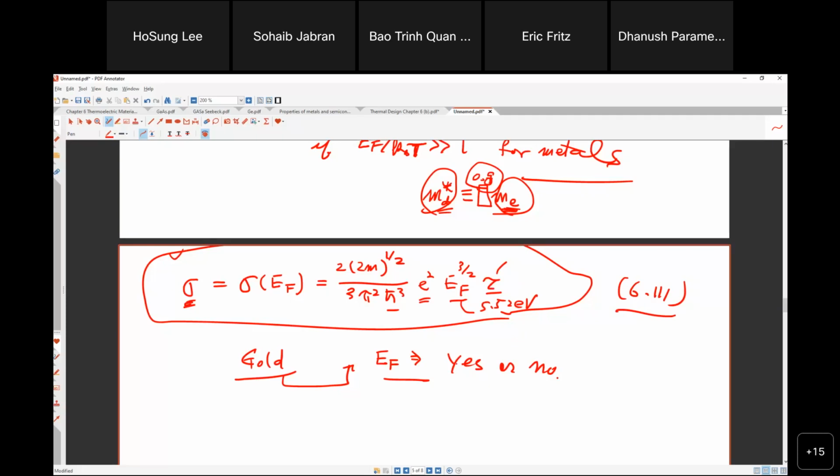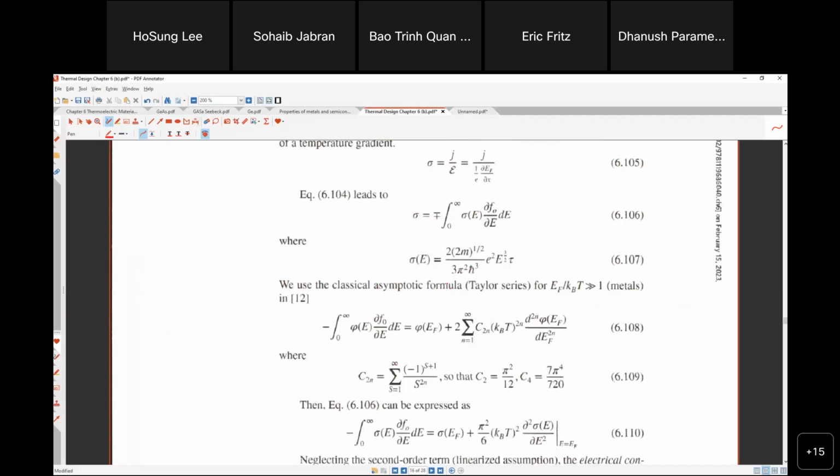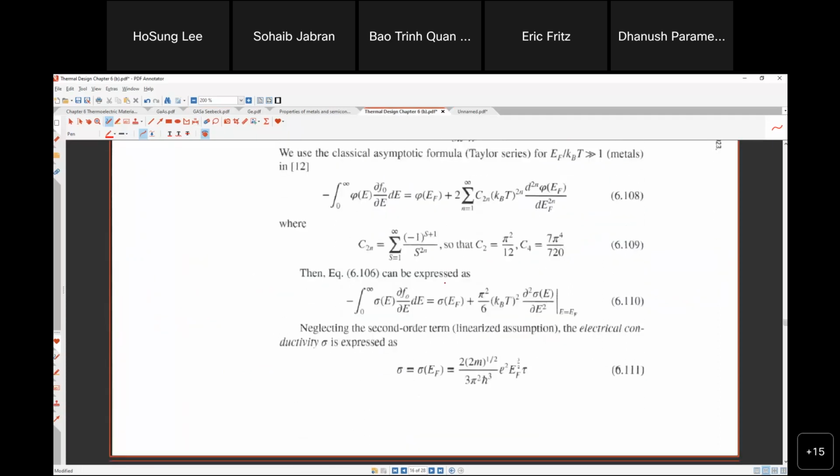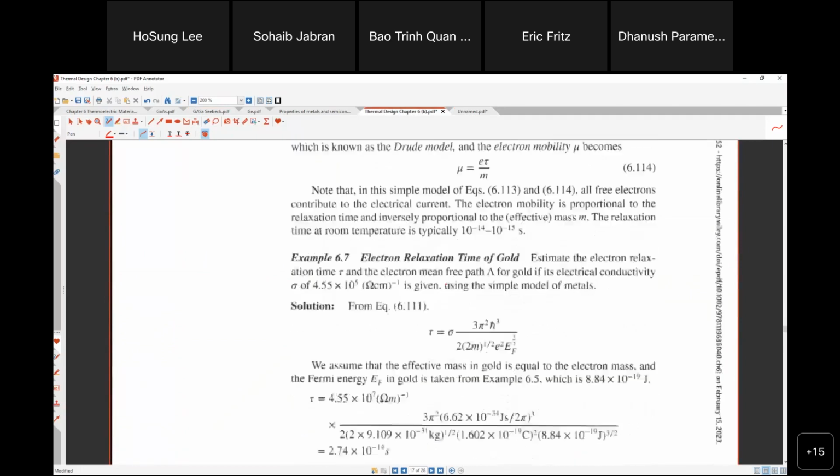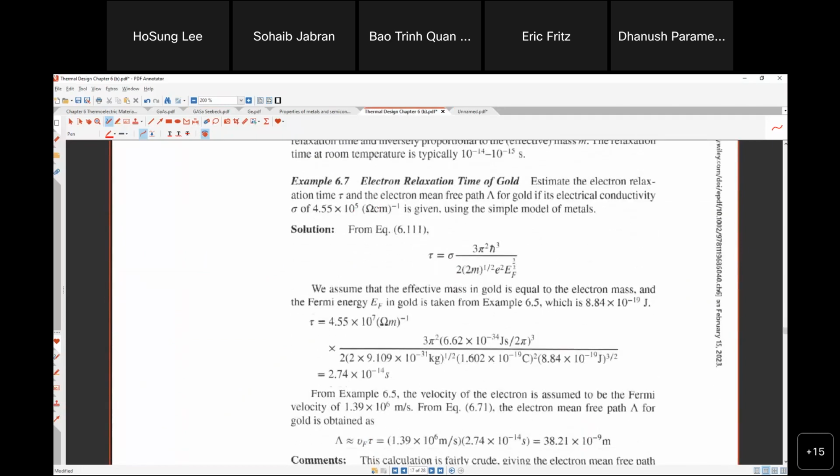So yes, we know the Fermi energy for gold, and then the example here is, look at that, electrical conductivity is given.